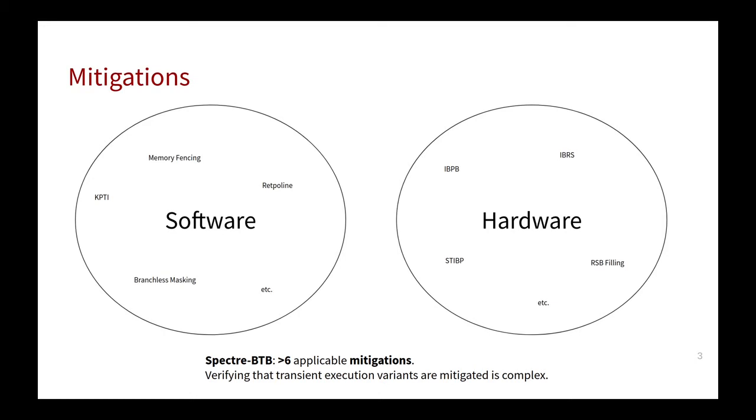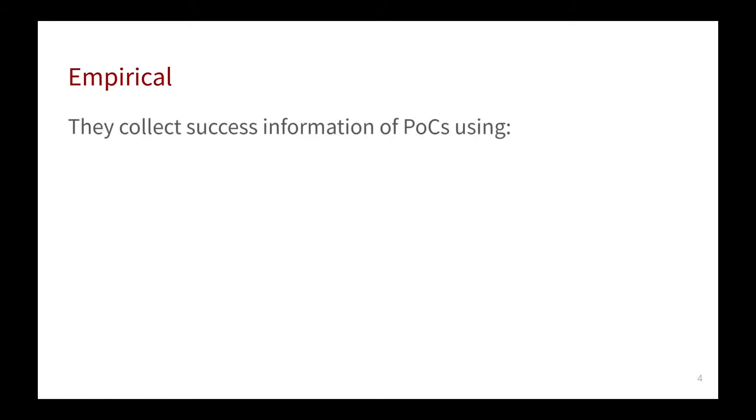To alleviate the burden of such a heavy task, the community developed tools that allow us to automatically check the security of a system. There are two main categories. The first category is called empirical, and it comprises all those tools that use proof of concept implementations of the attacks to verify if the attack is present on the machine.